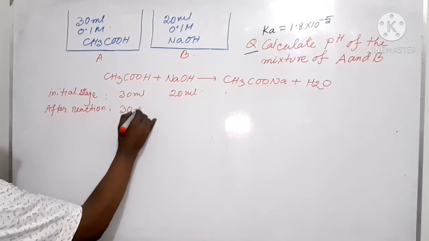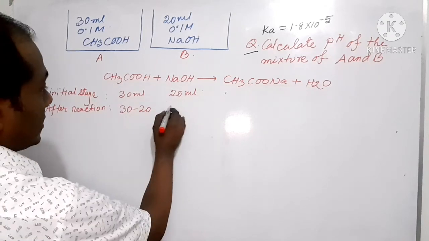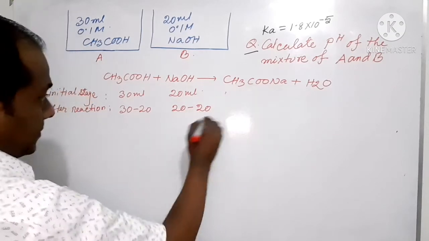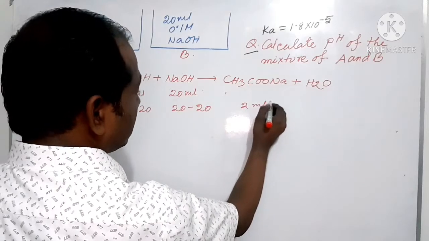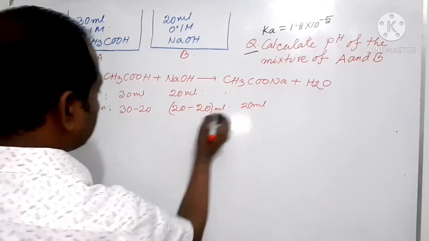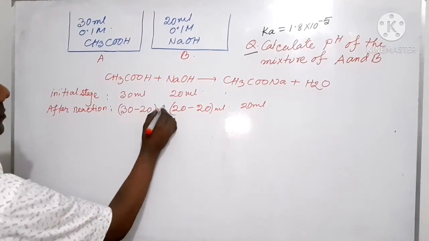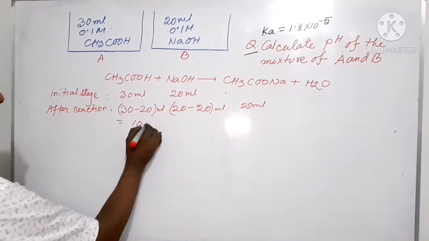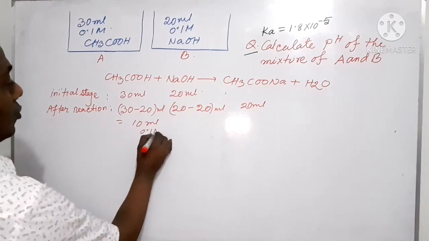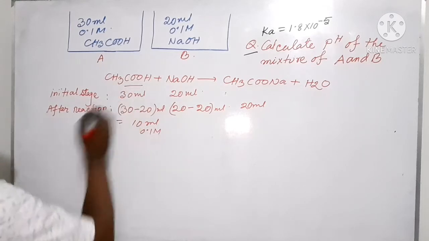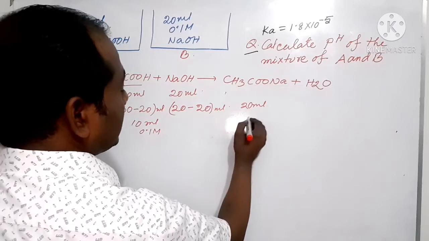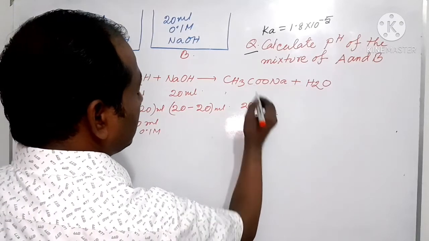That means 30 minus 20 leaves 10 ml, and we get 20 ml sodium acetate solution. So after reaction we get 10 ml 0.1 molar acetic acid and 20 ml 0.1 molar sodium acetate.